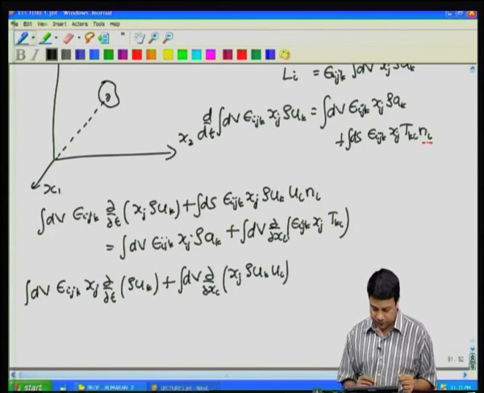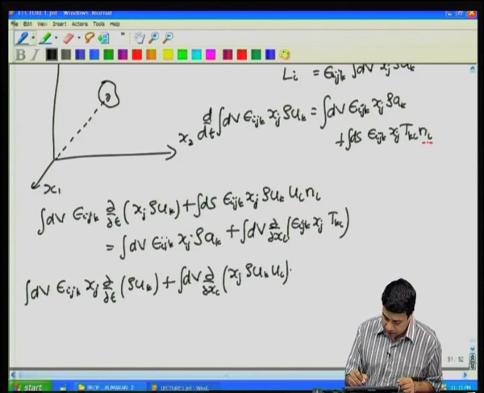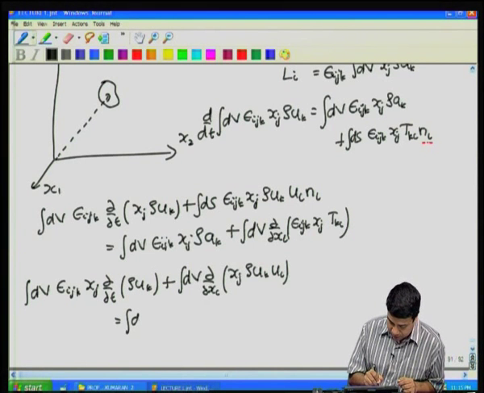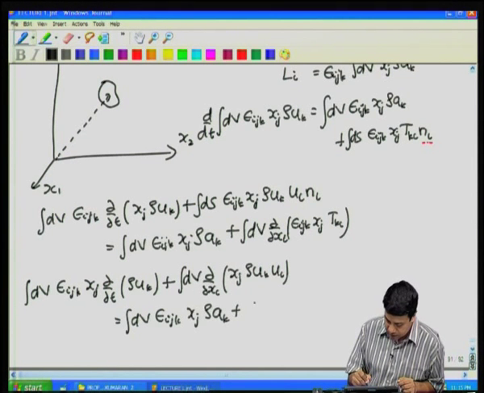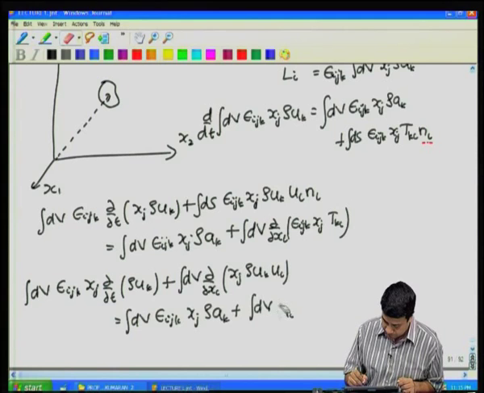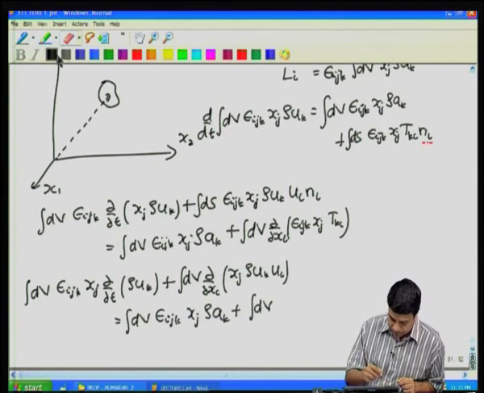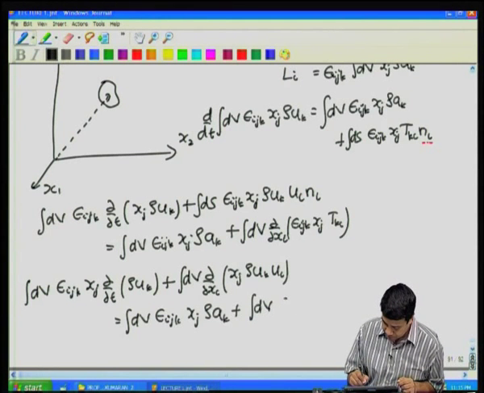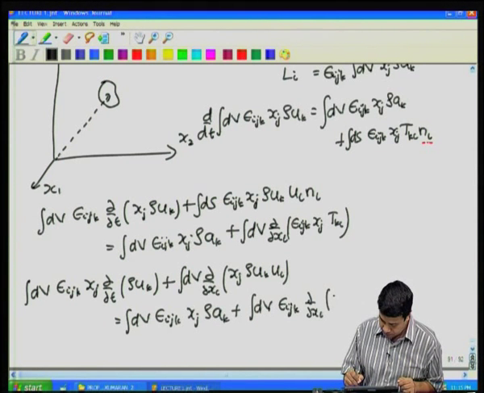So, this will end up being equal to integral dv epsilon i j k x j rho a k plus integral dv partial by partial x l, epsilon can be taken out, x j times t k l.